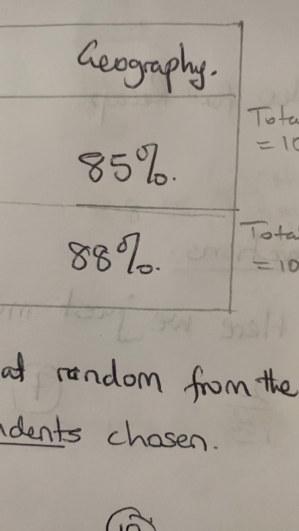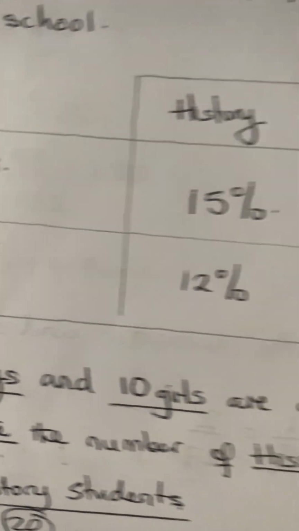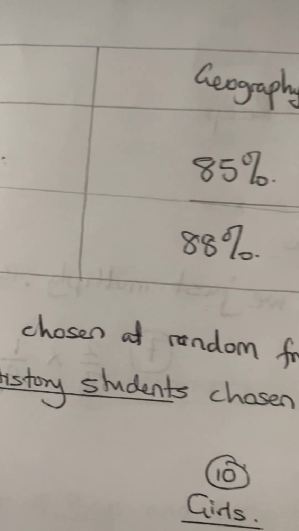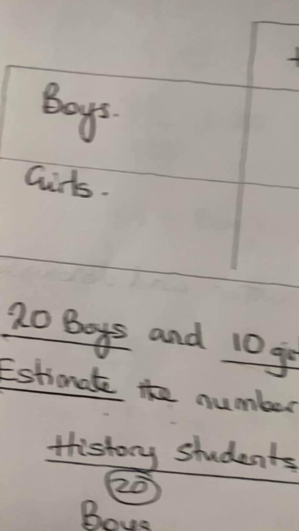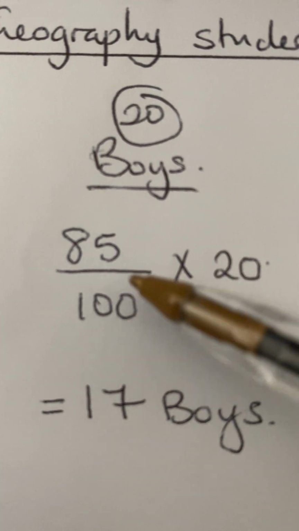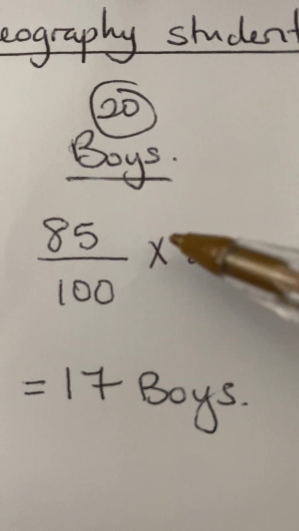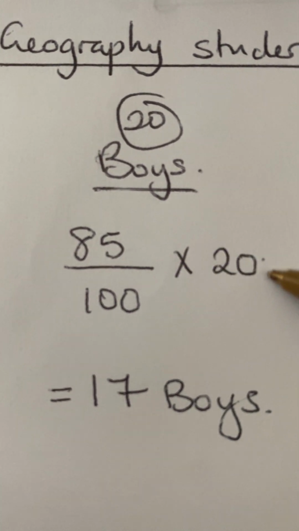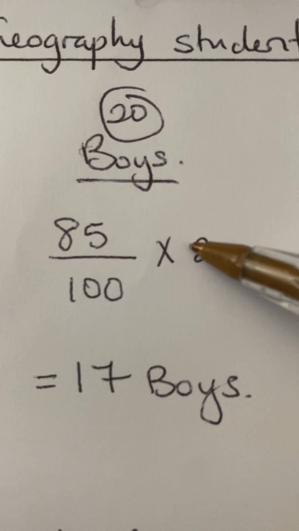If you look at the table again, 85% of boys study geography and 88% of girls study geography. So here again, 85 over 100 times the 20 boys they chose at random.